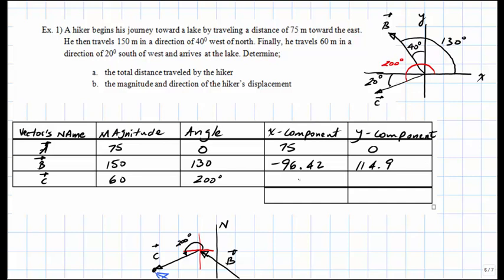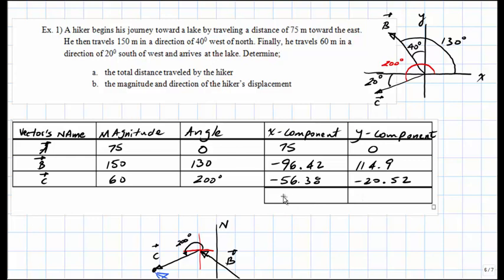And finally, for C, we calculated negative 56.38, and the y component was negative 20.52. What we'll do next is calculate Rx and Ry and enter those values right here.